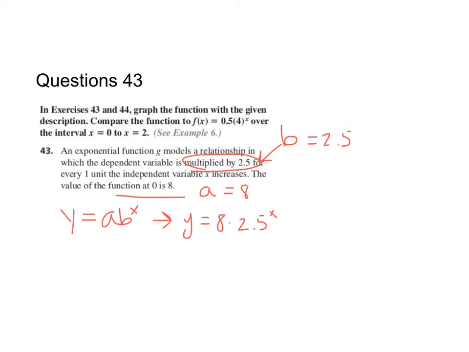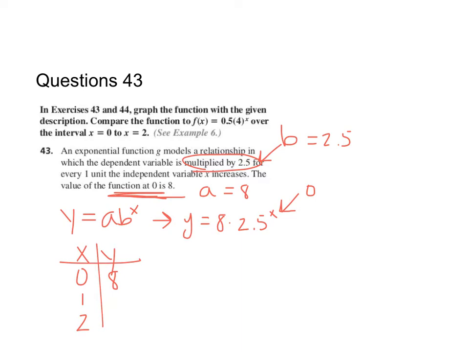So to graph that one, I would personally possibly make a table for that. And it says to graph it from 0, 1, 2. Well, I already know that 0 is going to be 8 based off of this once again, or I could have plugged in 0 right here for my x. Then I could plug in 1 for my x and 2 for my x to get my other answers there, which is really just me multiplying it by 2.5 as well.